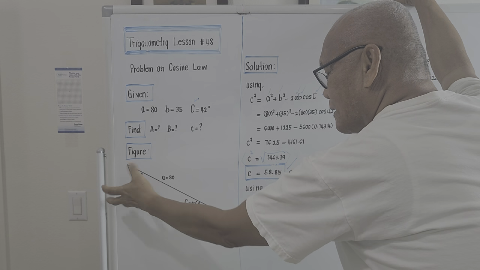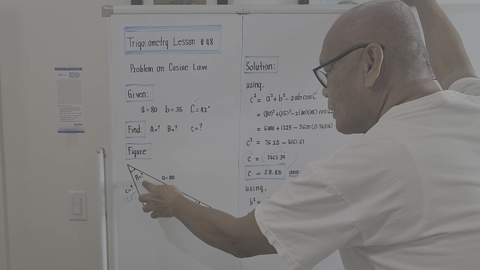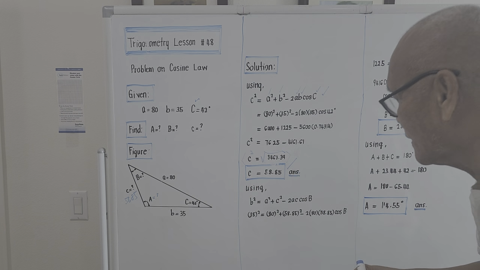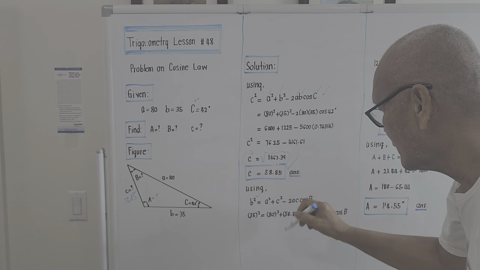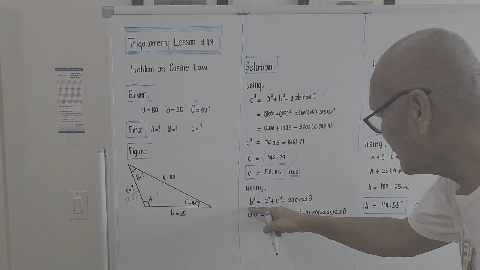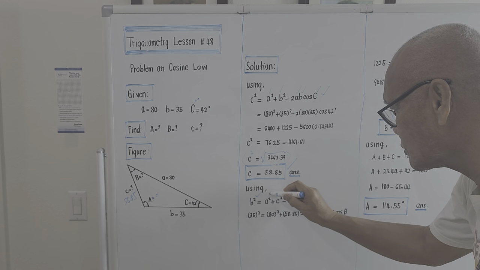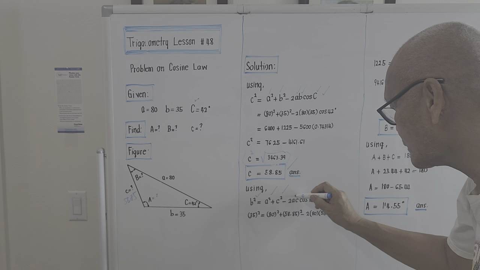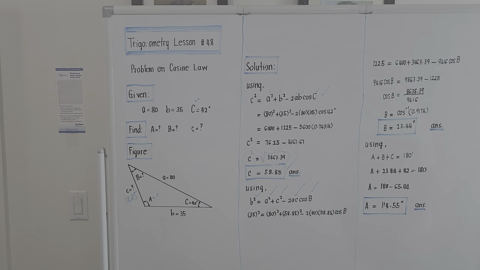The angle between them is actually angle B, so we could use the formula relating to side B. So B squared, since this is B, the right hand side should be in terms of A and C. This will be A squared plus C squared minus 2AC cosine of angle B.